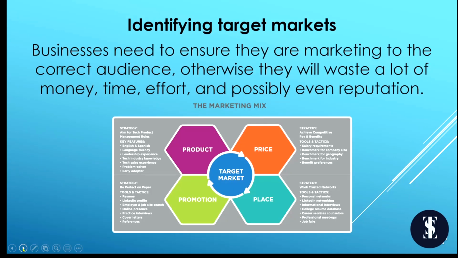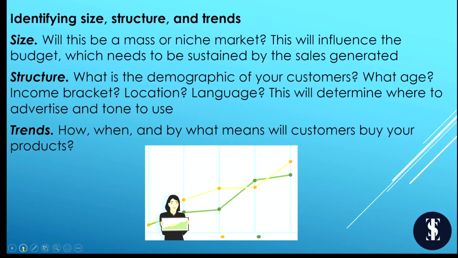Identifying target markets. So you need to ensure you're marketing to the correct audience. Otherwise you will waste a lot of money, time, effort, and possibly even your reputation. Identifying size, structure, and trends. So size. Will this be a mass or a niche market? This will influence the budget, which needs to be sustained by the sales generated.